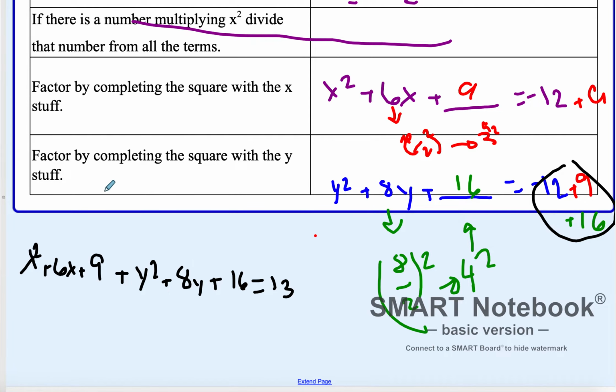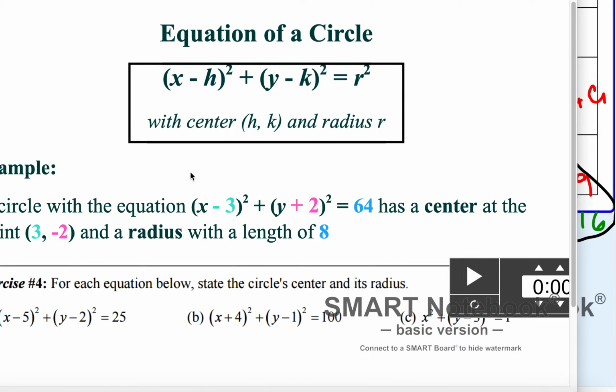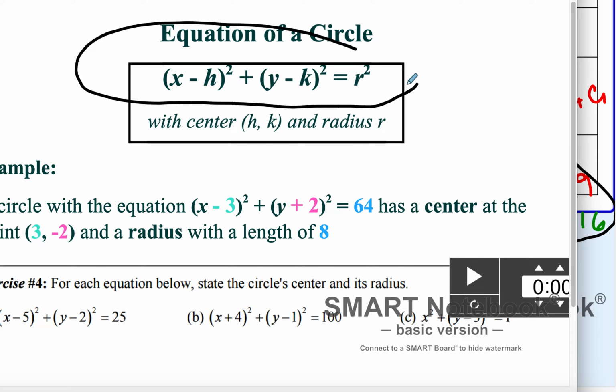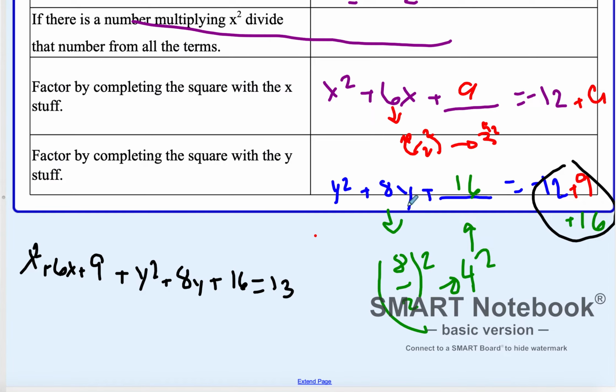Now this looks kind of confusing, but remember, we want it to look like this. And now that we've done this, we can actually factor these pieces. So think about what things multiply to 9 and add to 6. Well, positive 3 and positive 3 add to 6 and multiply to 9.